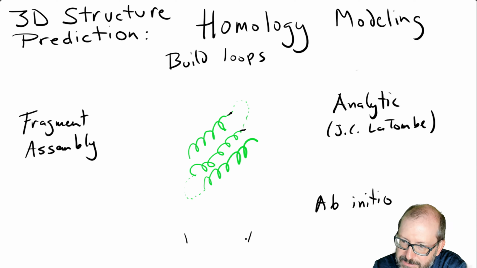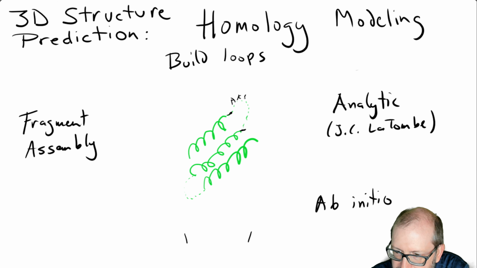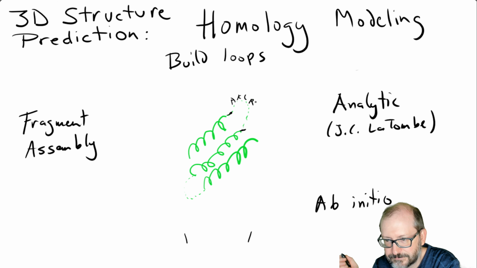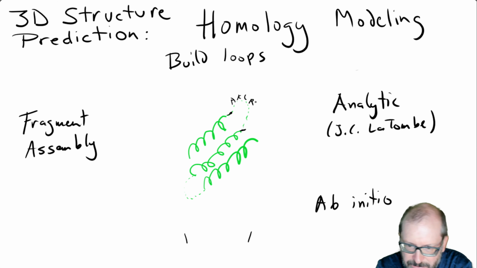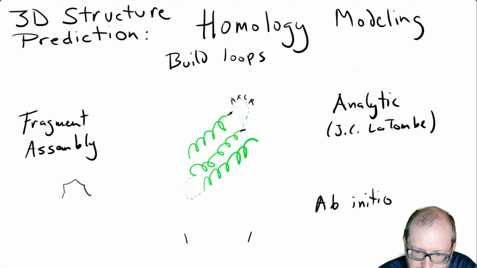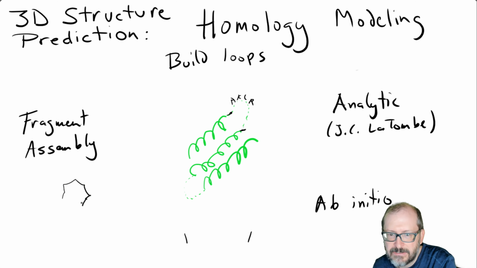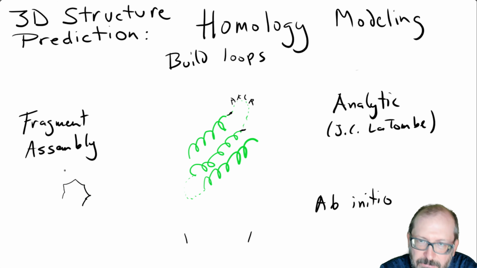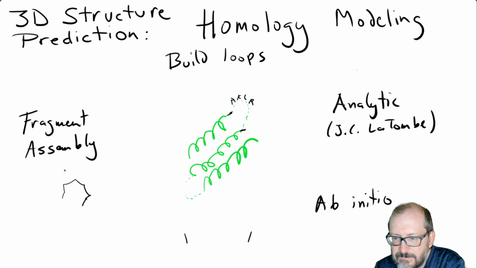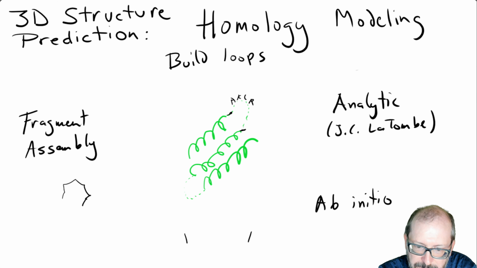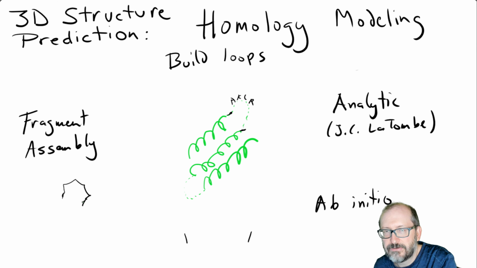And then you need the sequence that you're trying to fit in here, whatever that is. And you have a database of structures, and you're going to search that database for structures that have roughly similar sequence, the same length, and anchor points that match up with the ones in your protein, right?